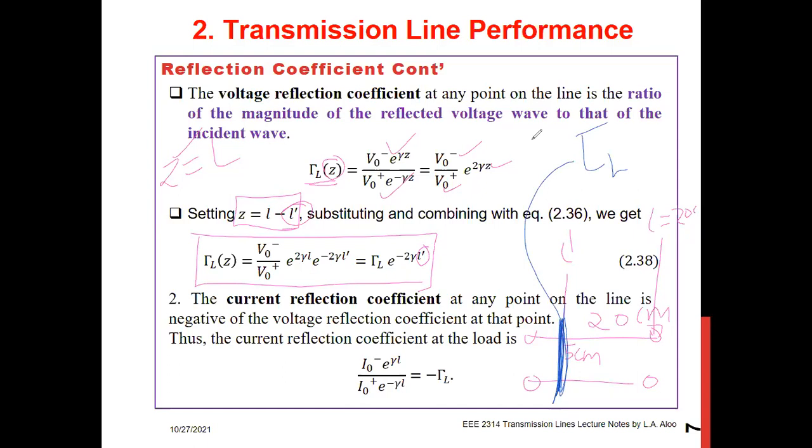If you want the current reflection coefficient at the same point, you just take the negative of the voltage reflection coefficient. And so the current reflection coefficient at the load will be the negative of the voltage reflection coefficient at the load. Alternatively, you can take the ratio of the negative traveling current wave, that is the reflected current wave, to the incident current wave.